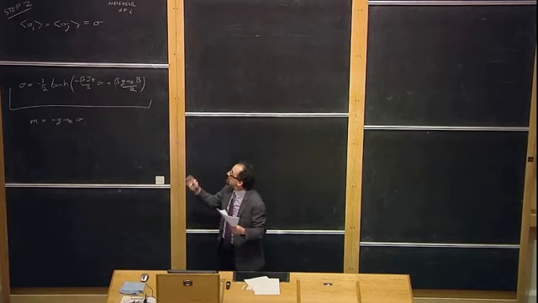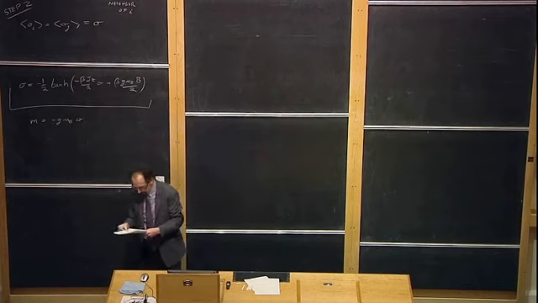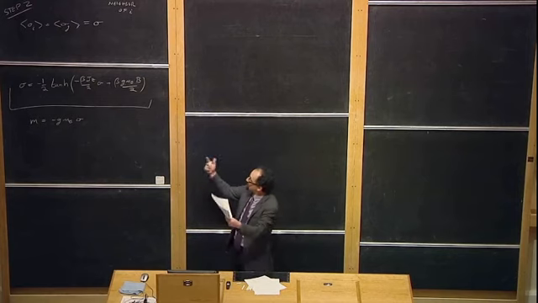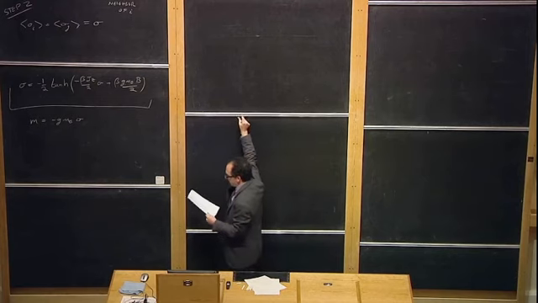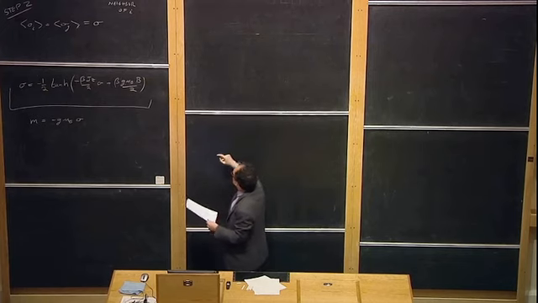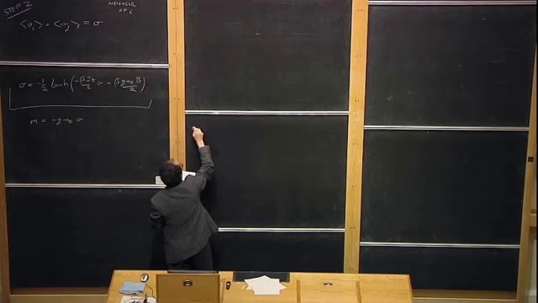However, this is a complicated transcendental equation, and it's not so obvious what its solution is. It's some equation for sigma, so we have to figure out how to solve it. And let's simplify to an easy case first. So case 1, just set B equals 0.